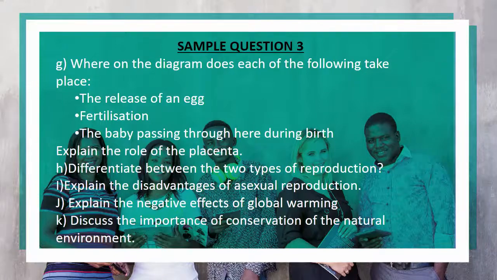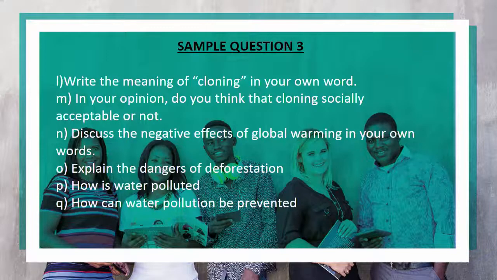The same as with question G. And then explain the role of the placenta, differentiate between the two types of reproduction. Discuss the importance of conservation of the natural environment. So I've given you a few sample questions that you can also use and work through, especially when you need to prepare for the examination.